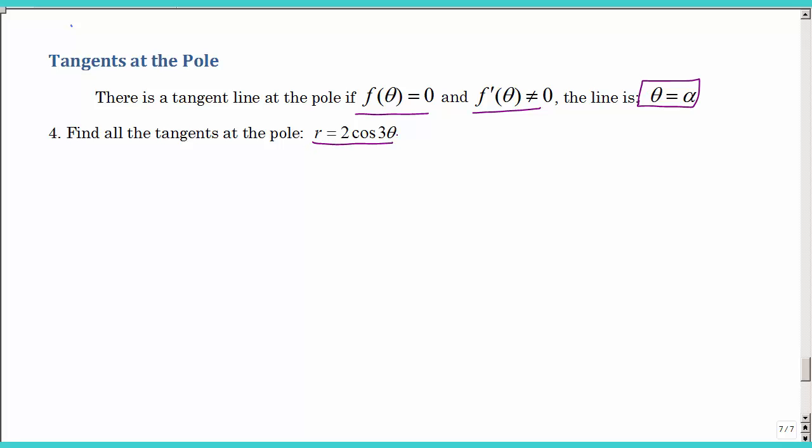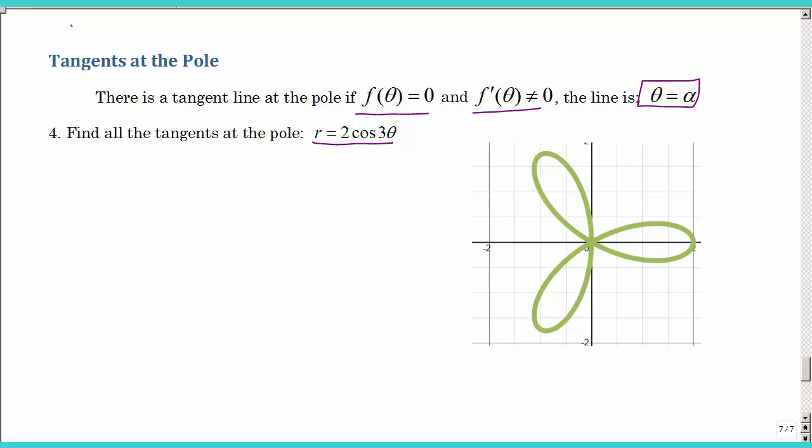r equals 2 cosine 3 theta. Again, I would encourage you to graph that. So I've gone to Desmos, I've graphed it, and I can see that we have 3 loops. And if you wanted to plot just a few points so you could see where it was going, when theta is 0, cosine is 1, so we would have 2, that's this point.